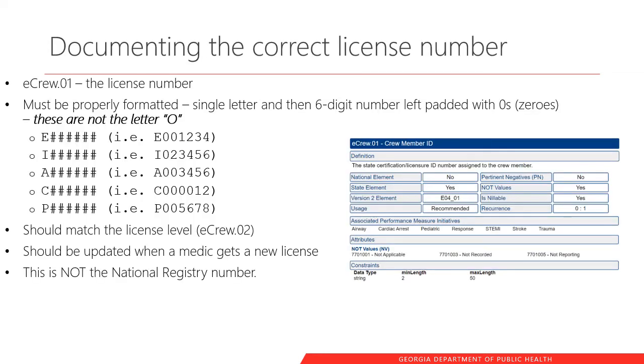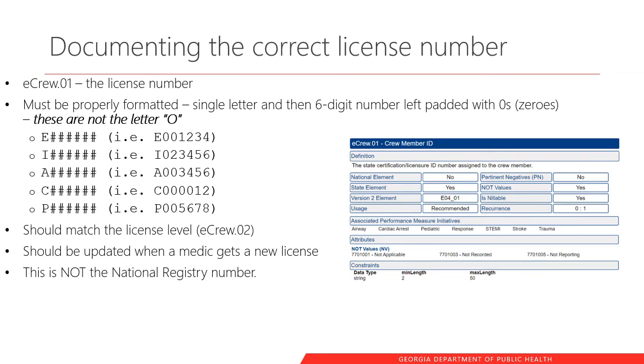A couple of things on license numbers. In Georgia, the license numbers for EMS personnel are a single letter followed by a 6-digit number left padded with zeros. Those are zeros, not a capital letter O. We have a lot of people who will type in a capital letter O. The only prefixes for EMS personnel in the state of Georgia are E, I, A, C, and P. Now, these are for traditional licenses.